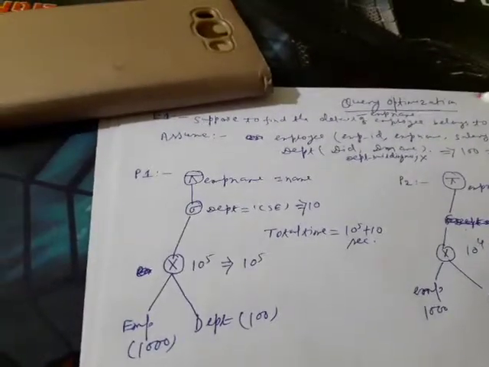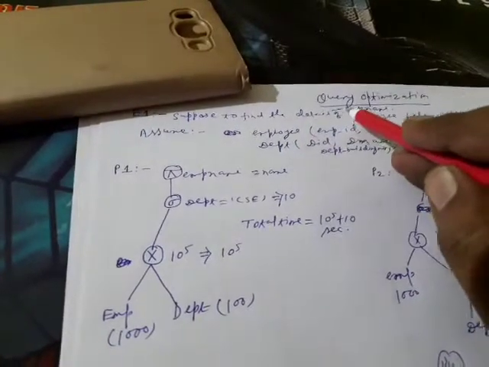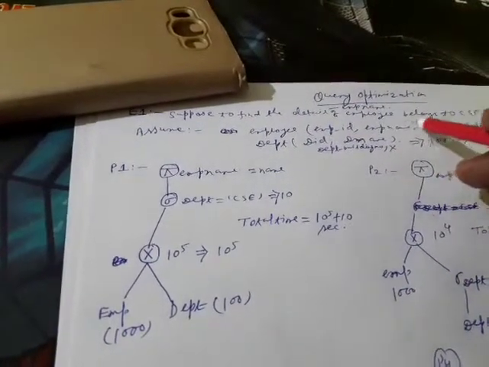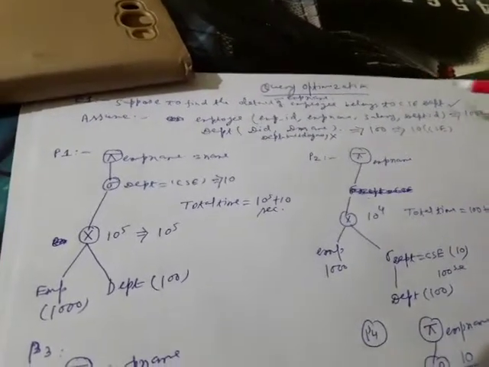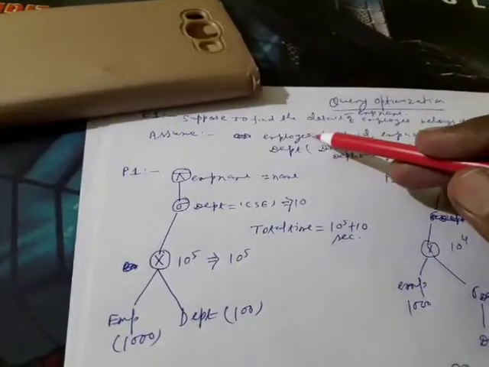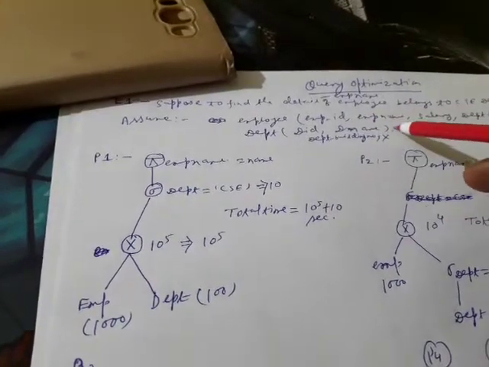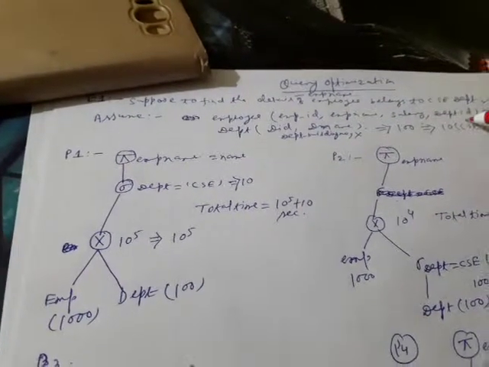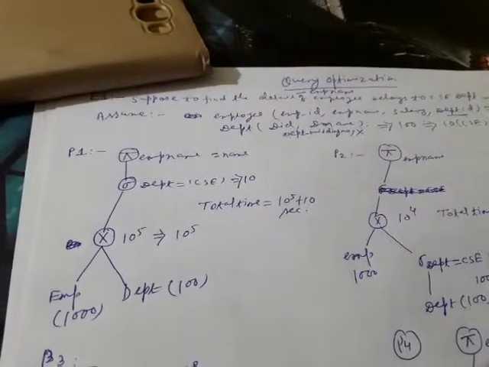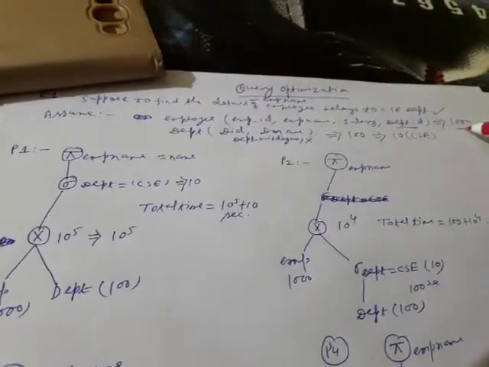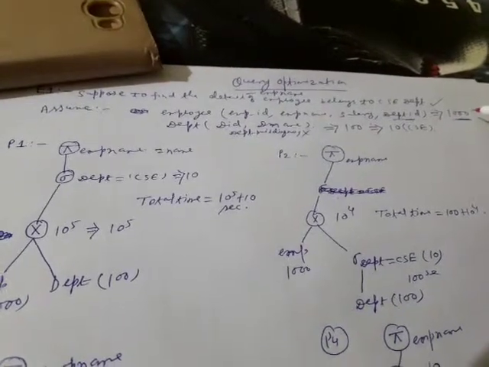Suppose I have one query like: find the details, meaning the employee name, of the employees belonging to the CSE department. How can we do it? Assume that employee is a table which has employee ID, employee name, salary, and also the department ID. This is the foreign key to make the connection between these two, and it has, suppose, 1000 records of employees.